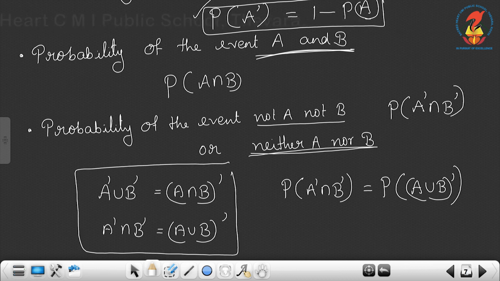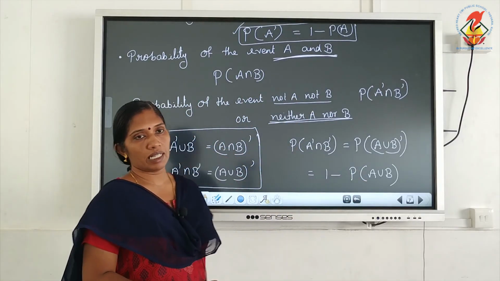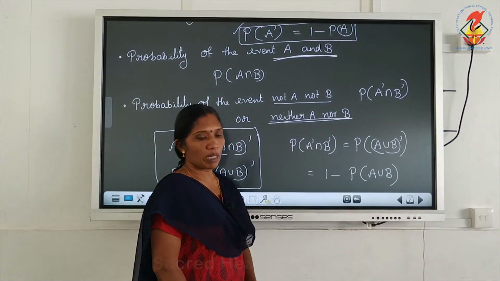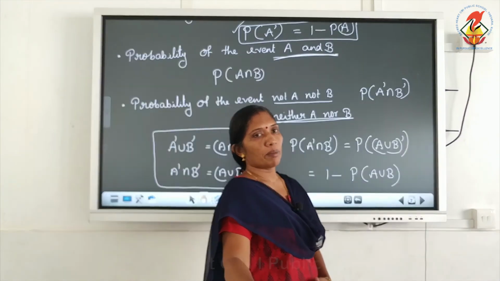These two are De Morgan's laws. So here we apply De Morgan's law: A complement intersection B complement is (A union B) whole complement. Then P of A complement is 1 minus P of A, so it is 1 minus P of A union B. For A union B we have the result, so we have to apply that. Okay, so that is all about the axiomatic approach to probability.